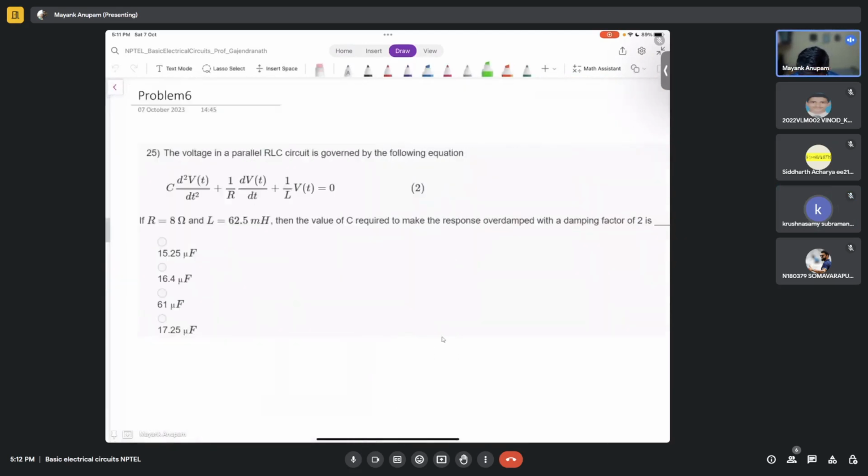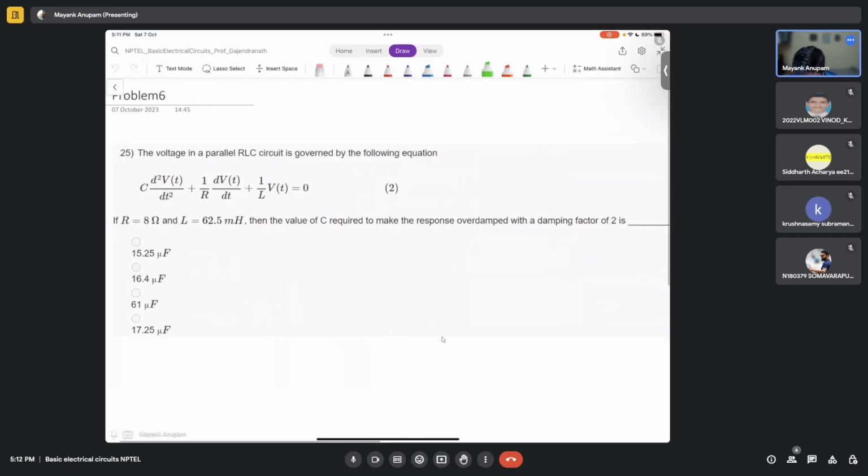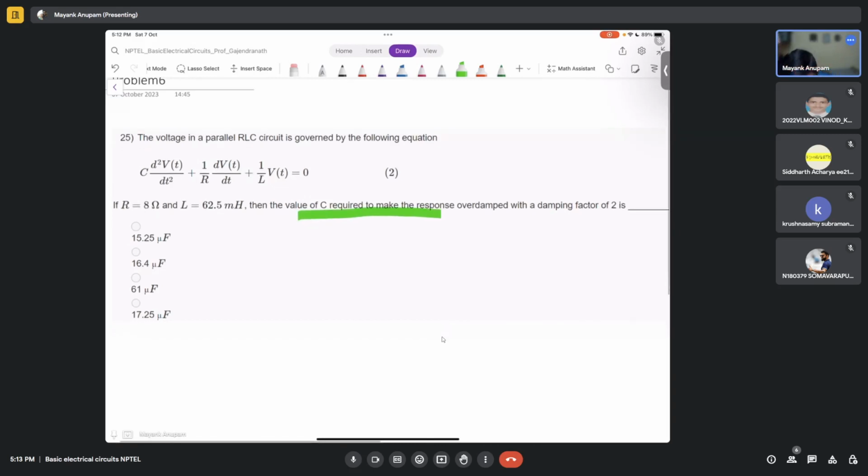I have another question here, but this is pretty much the same. The voltage of a parallel RLC is given by this equation here. We just have to find the value of C required to make the response overdamped with a damping factor of 2.